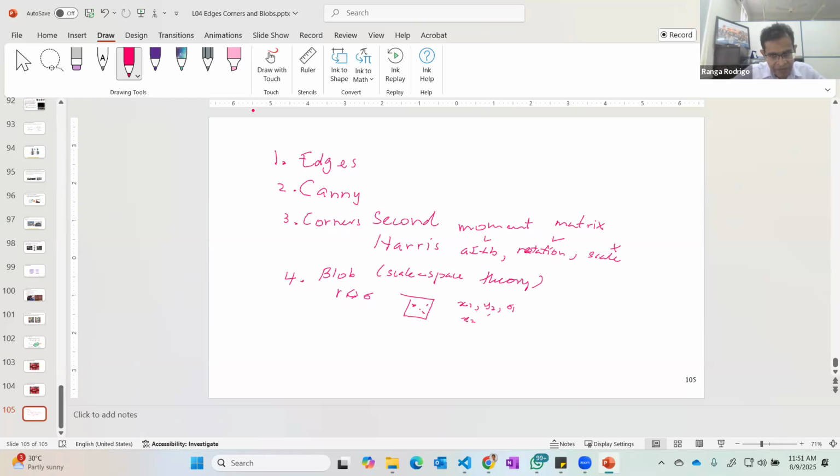Like x2, y2, sigma 2, we can get these key points.